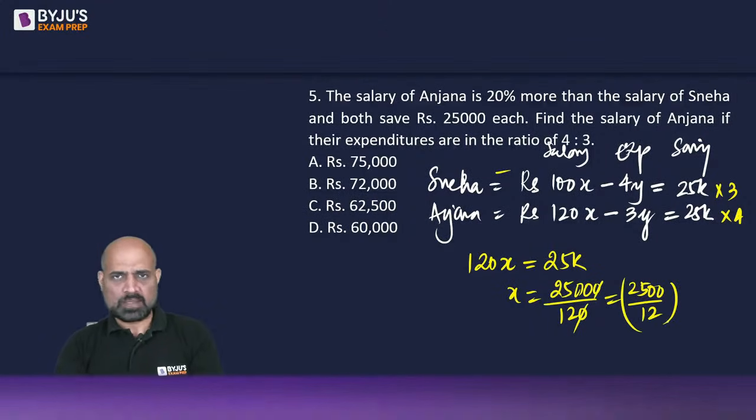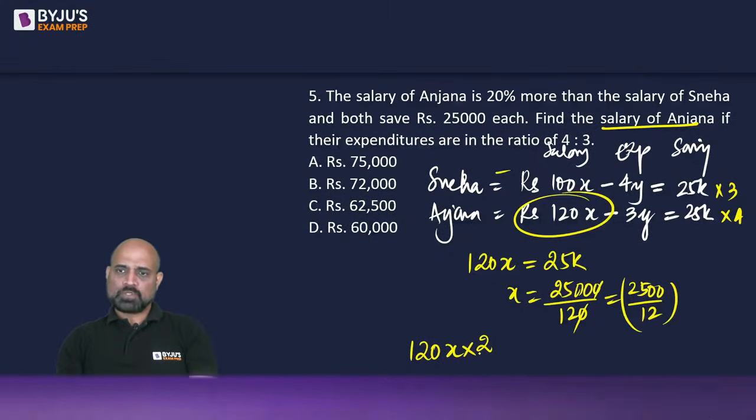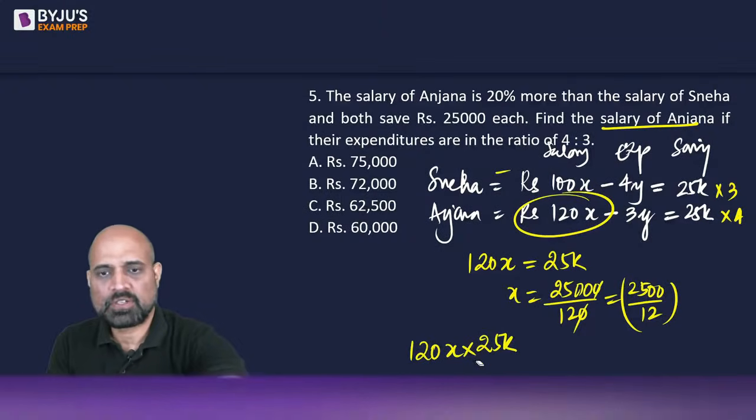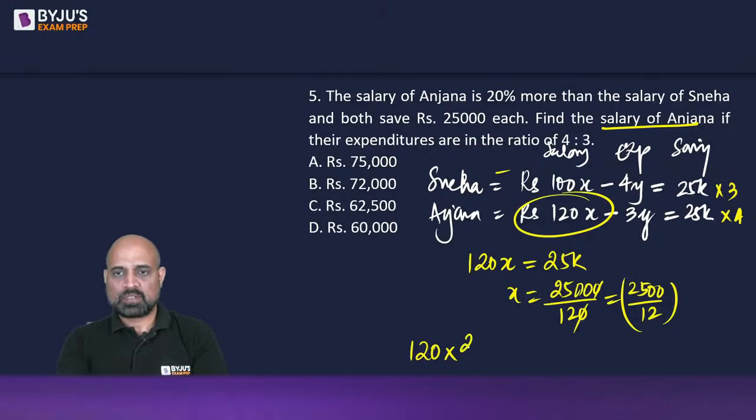That should simplify later. Question asked is what is the salary of Anjana? So what I will do is I'll put 120x into, we were supposed to subtract, right? Into 25,000, sorry, x is 25,000 by 12.